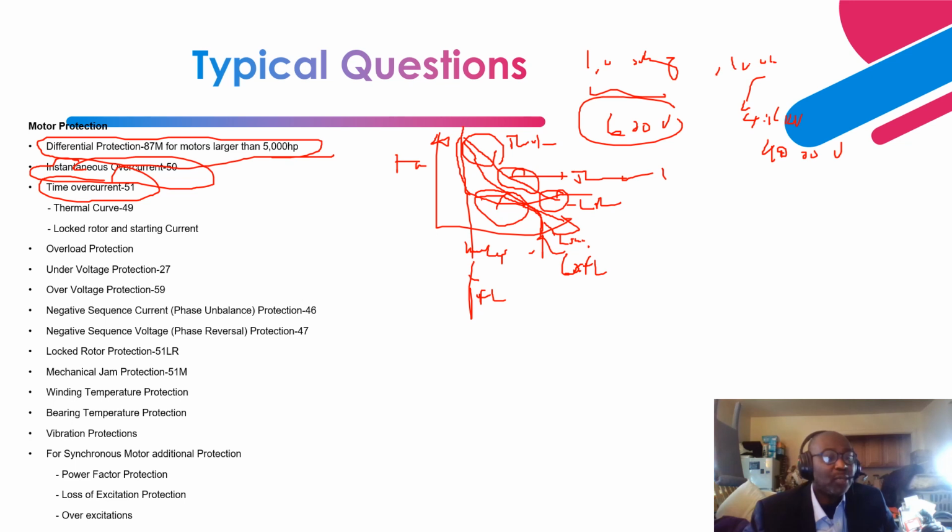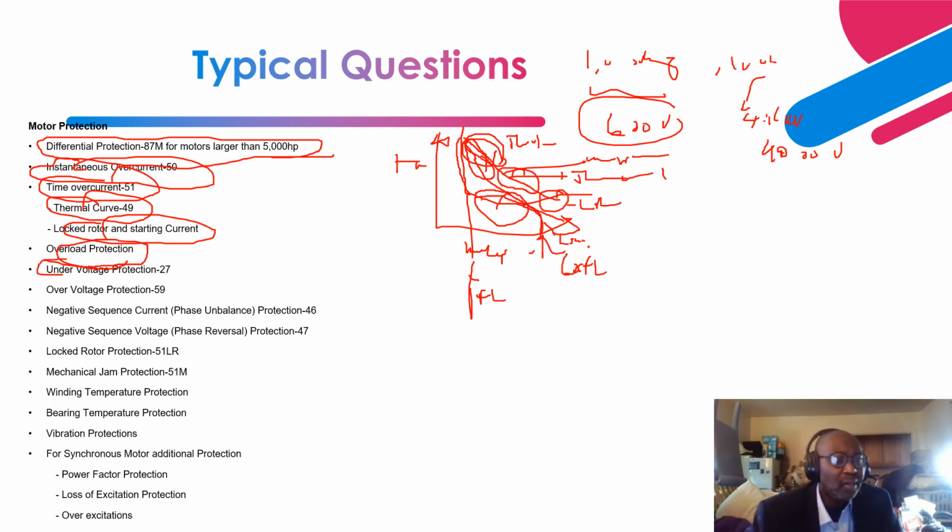So that is why, when you're setting the time overcurrent, it should coordinate with your thermal curve right here, then your locked rotor and your starting current. So that's how the coordination should take place, right? Then overload protection, right? Within this overload section, this is where basically the coordination with the thermal capability curve of the motor takes place.